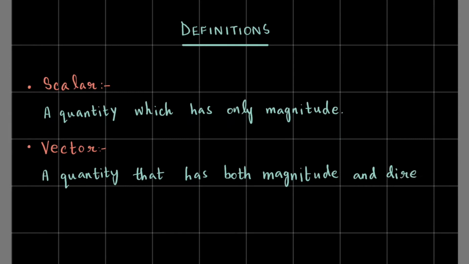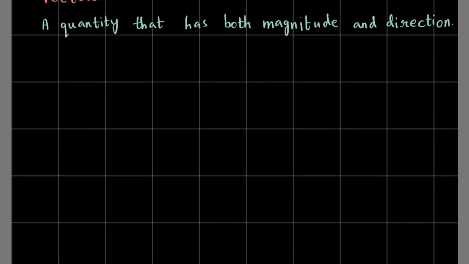Okay, both magnitude and direction. Pretty simple. Okay, no, it's not that simple. What do we mean by direction? Where does this direction term come from? Right, what do we mean by direction?